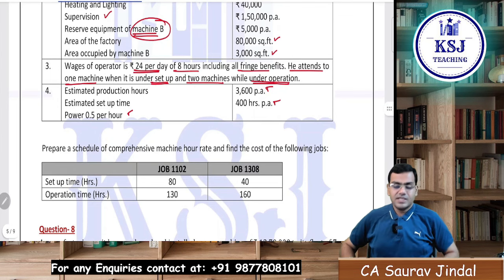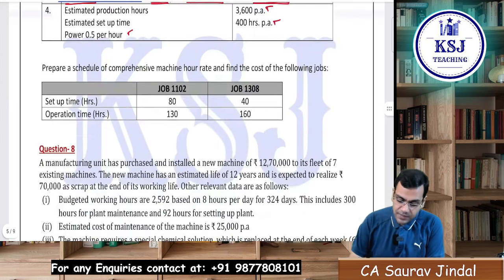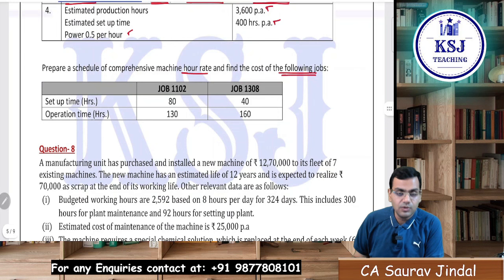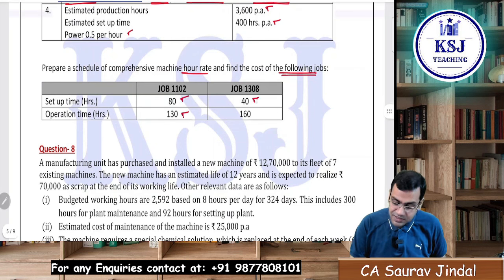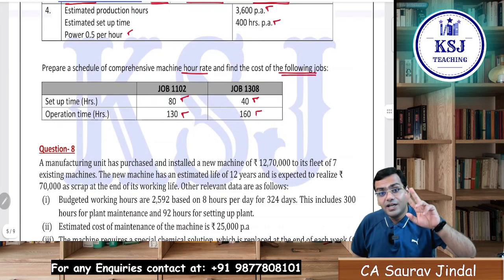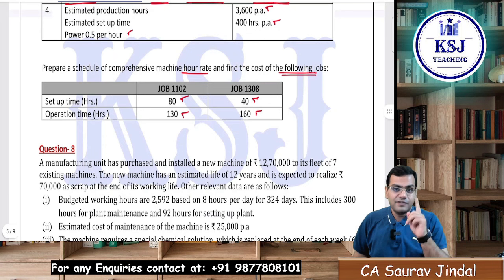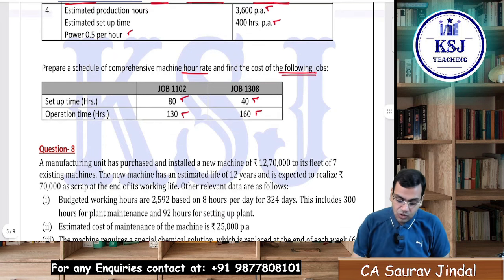Now he says prepare a schedule of comprehensive machine hour rate and find the cost of the following jobs, job number 1102 and 1308. See here, setup time is given separately and operation time is given separately. So it is very interesting here. You will have to calculate 2 machine hour rates. The first machine hour rate will be when the setup time is not there, that is for the operation time.